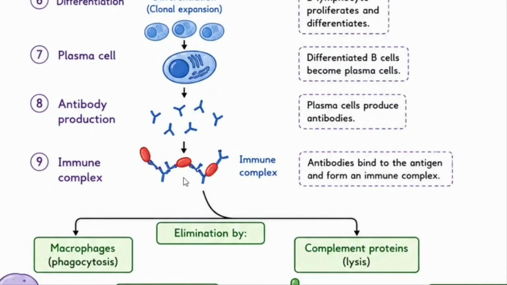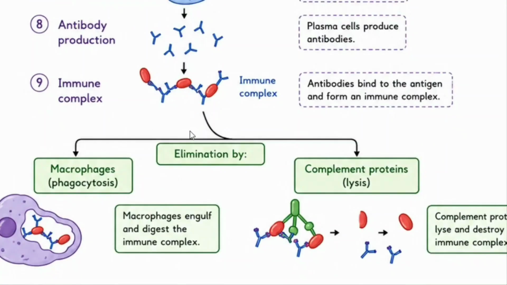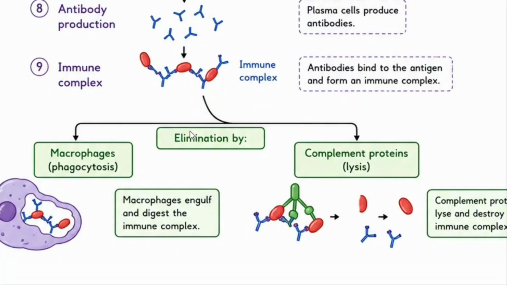The antibody fixes the antigen and forms an immune complex, and the immune complex is eliminated by macrophages through phagocytosis or by complement proteins through lysis.